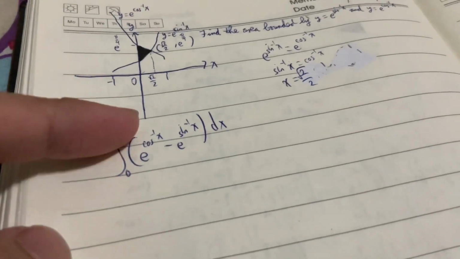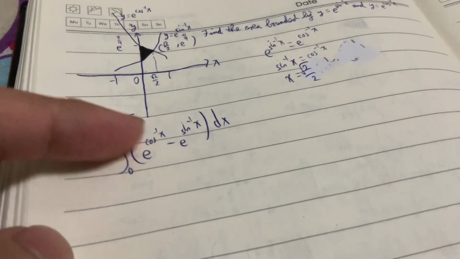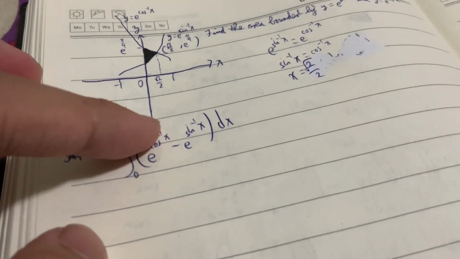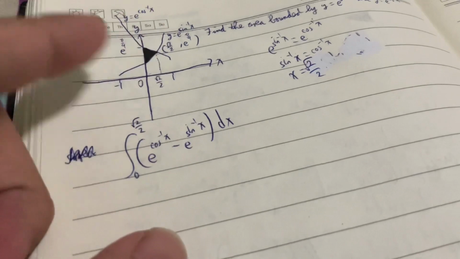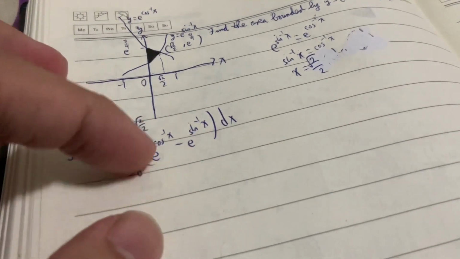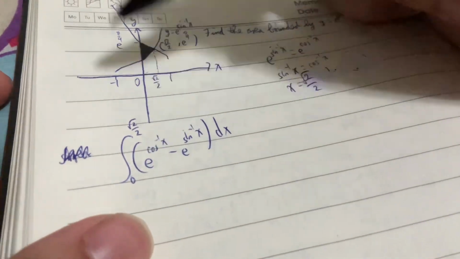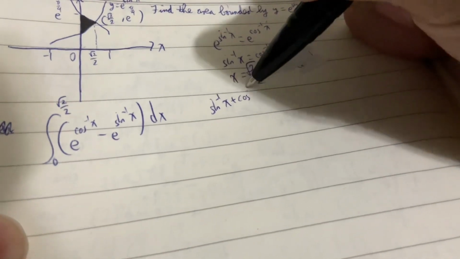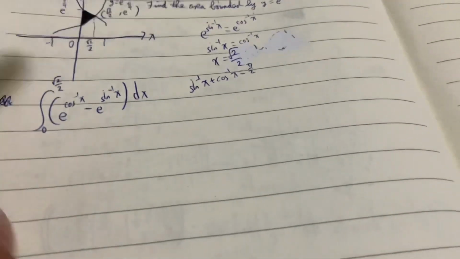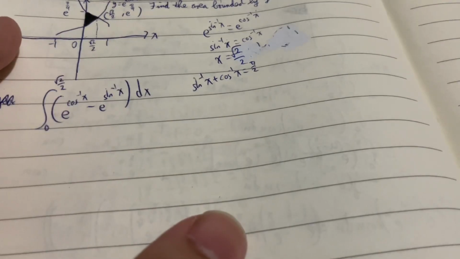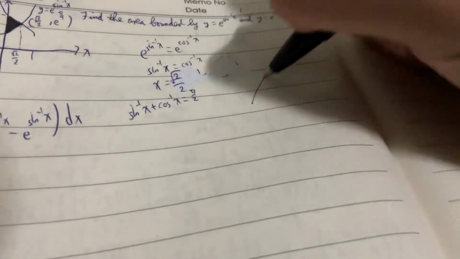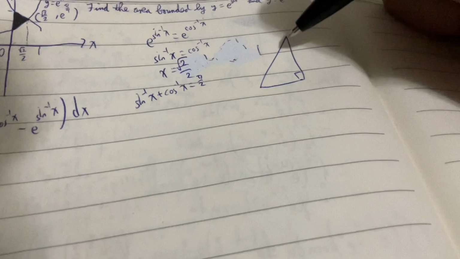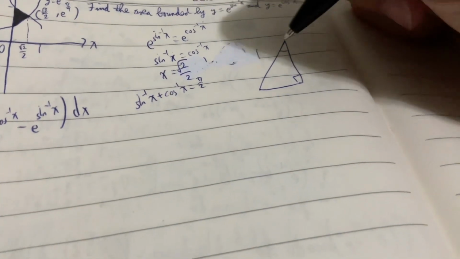Here I'm going to change this in terms of inverse sine x, or you can change it in terms of inverse cosine x, but I'd like to use inverse sine x, up to you. And here is the identity: inverse sine x plus inverse cosine x is equal to pi over 2, because cosine is the cofunction of sine. Take a right triangle where the hypotenuse is 1, and let this angle theta equal inverse sine x.